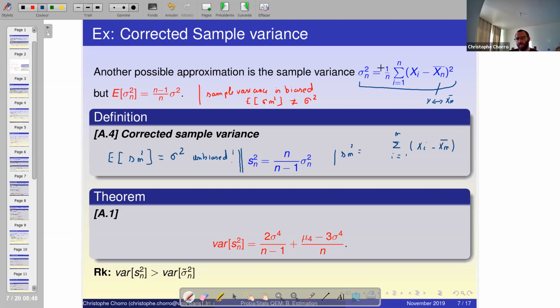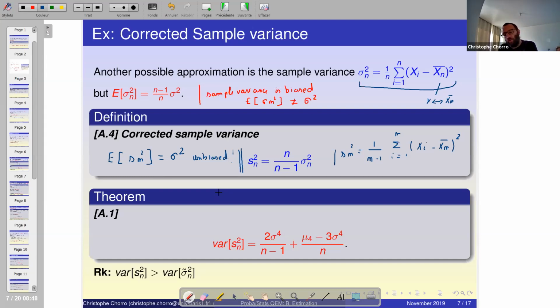But instead of dividing by 1 over n, I divide by 1 over n minus 1 in order to make this corrected sample variance an unbiased estimator of the variance. So I have an unbiased estimator of the variance.